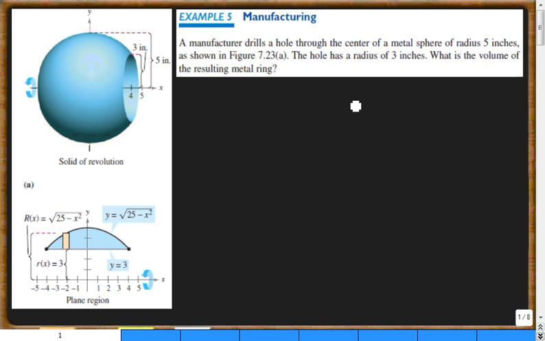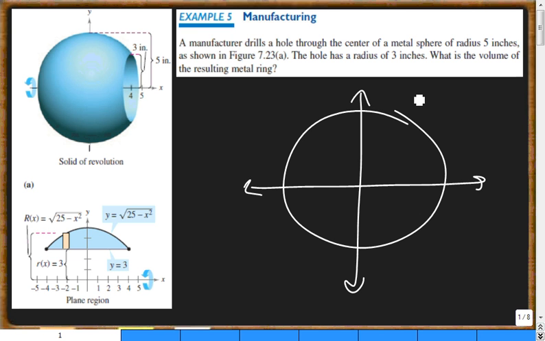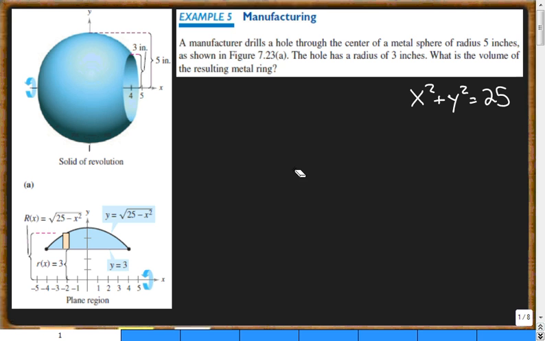Now, a circle of radius 5 is x squared plus y squared equals 25. In order to make it a function that we can integrate, we solve for y.